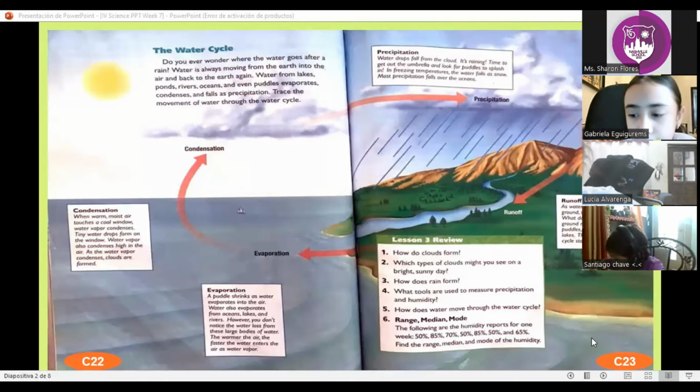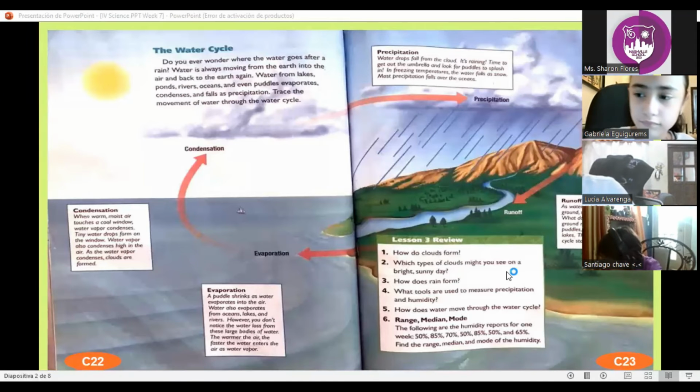The next one, who wants to read the next information that we have in the water cycle? Another volunteer. Rebecca, thank you.